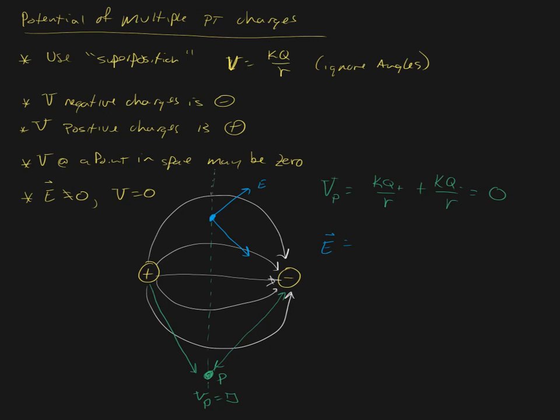And so you have these vertical components, EY for the positive charge and EY for the negative charge. Those two cancel out, but you still have an EX for each of those, so the net electric field due to the point charges anywhere along that line is pointing to the right. So E is a non-zero value.